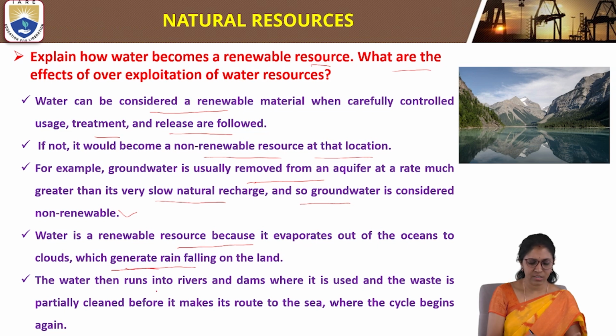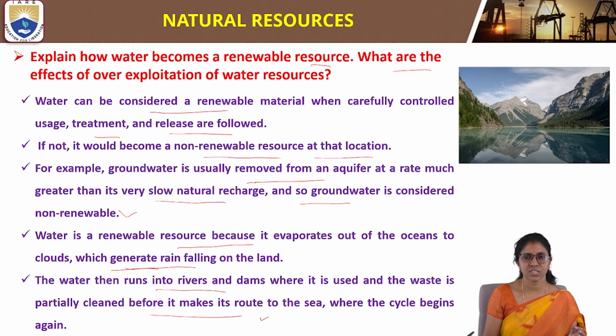The water then runs into rivers and dams where it is used, and the waste is partially cleaned before it makes its route to the sea, where the cycle begins again. So this is the water cycle. Because of the water cycle, this water is called a renewable resource, because it evaporates out from the oceans and lakes and becomes a cloud.